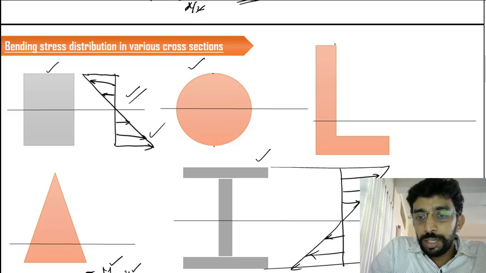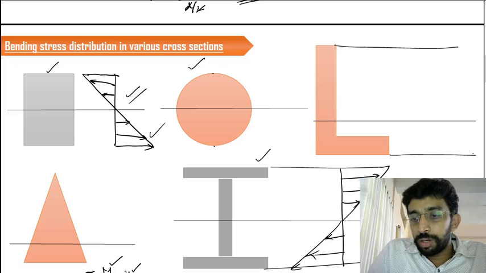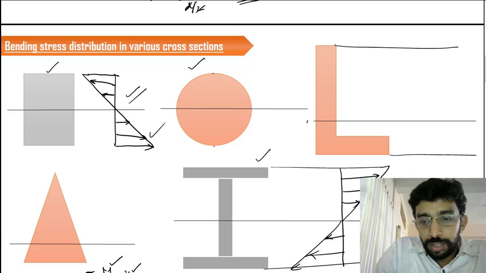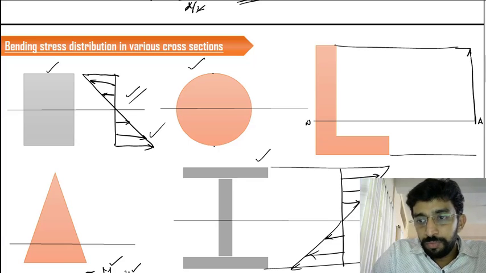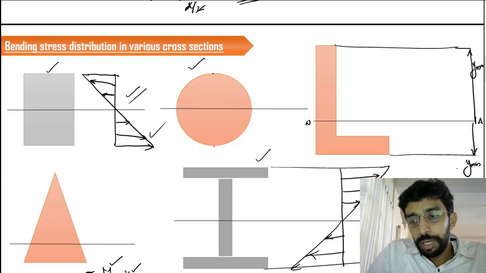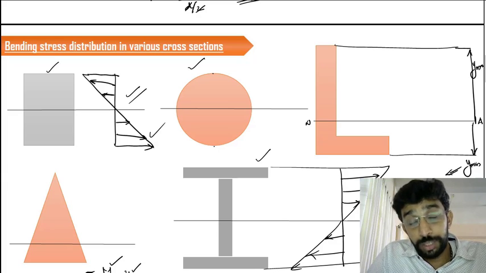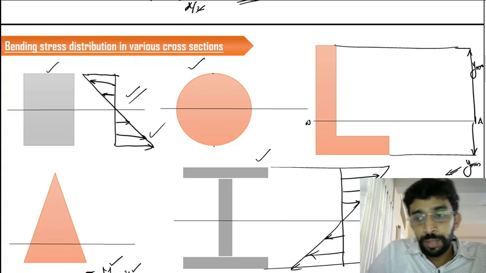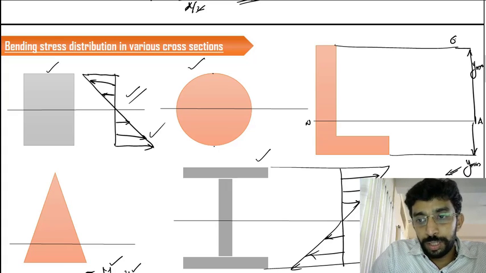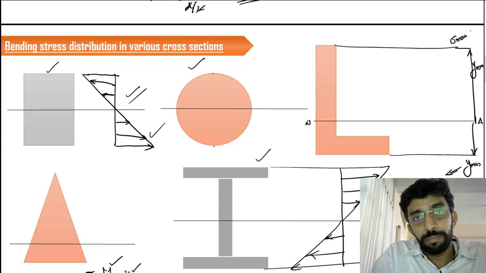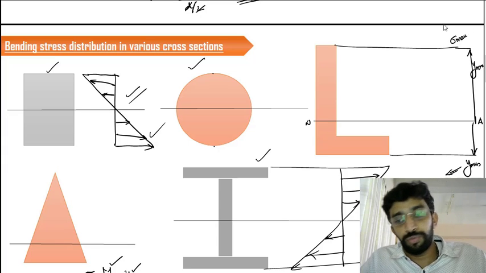If you look at this cross section, if this is considered as the neutral axis, then this is going to be the maximum value of y, and this is going to be the minimum. That means this will fetch you a minimum value, which can be tension or compression based upon the nature of bending, and this is going to fetch you a sigma max based upon the nature of compression.